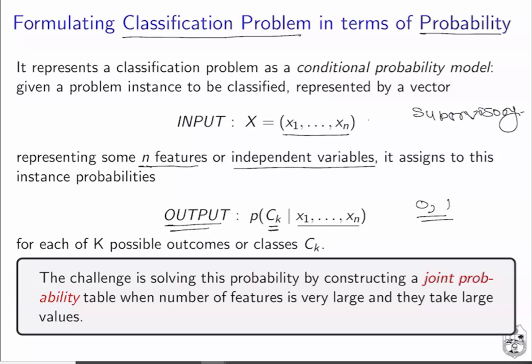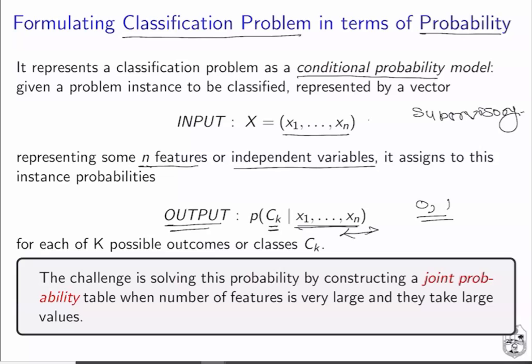In a multi-class classification problem, there are multiple class labels, and we need to calculate the probability of class label Ck given the n different features. In probability theory, this is called the conditional probability.